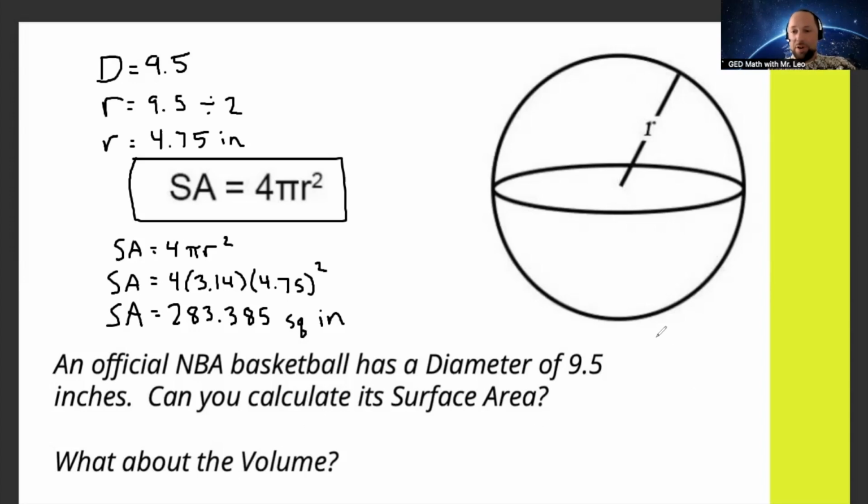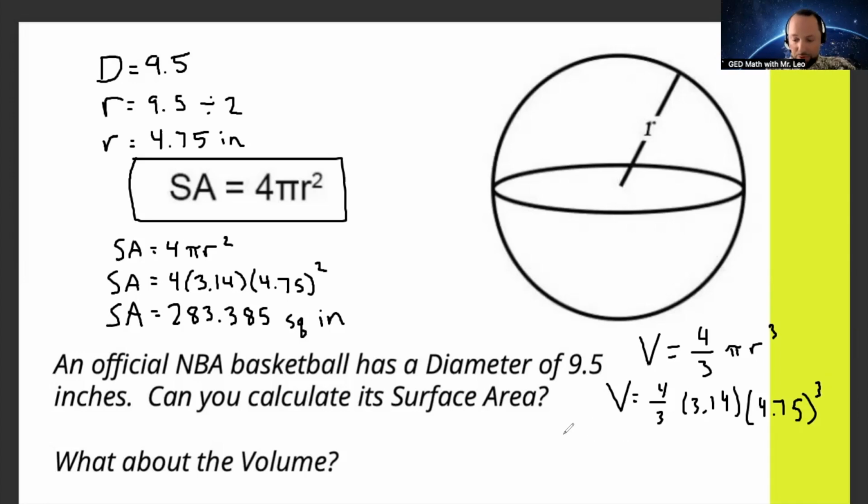We've also been asked the volume, so we can work that out quickly. 4/3 pi r to the third power. That's going to be 4/3 times 3.14, and the radius is what we sorted out, 4.75 to the third power.